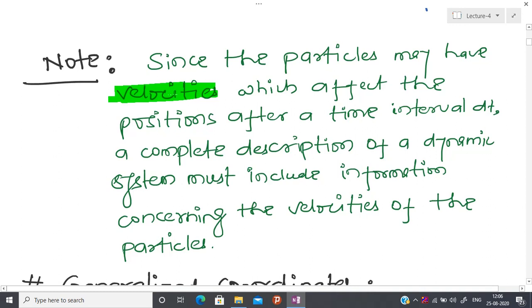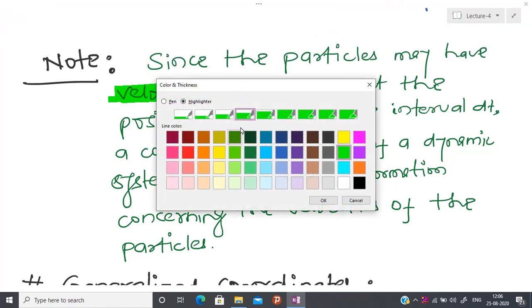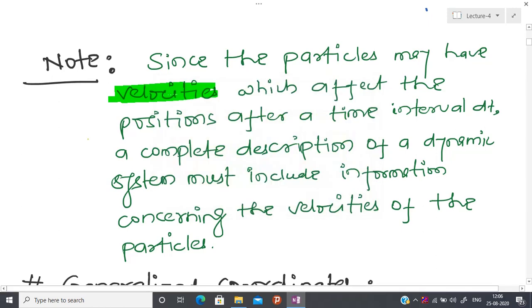But if I have a certain amount of velocity, we already know the relation between position and velocity, that is governed by the following law: v, that is velocity, is dx by dt.